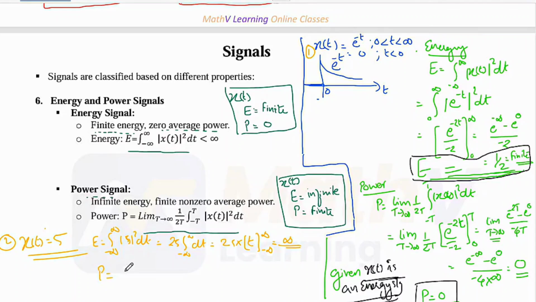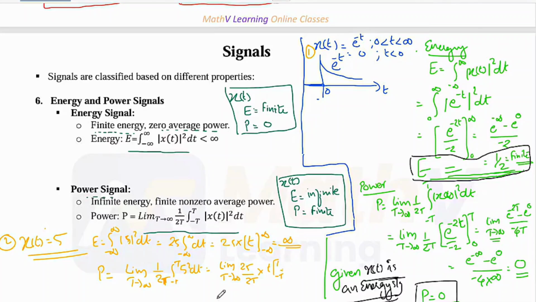While what about the power? Limit t tends to infinity 1 by 2t integral minus t to t, 5 square dt. So it is limit t tends to infinity 25 by 2t into t, from limit minus t to t.